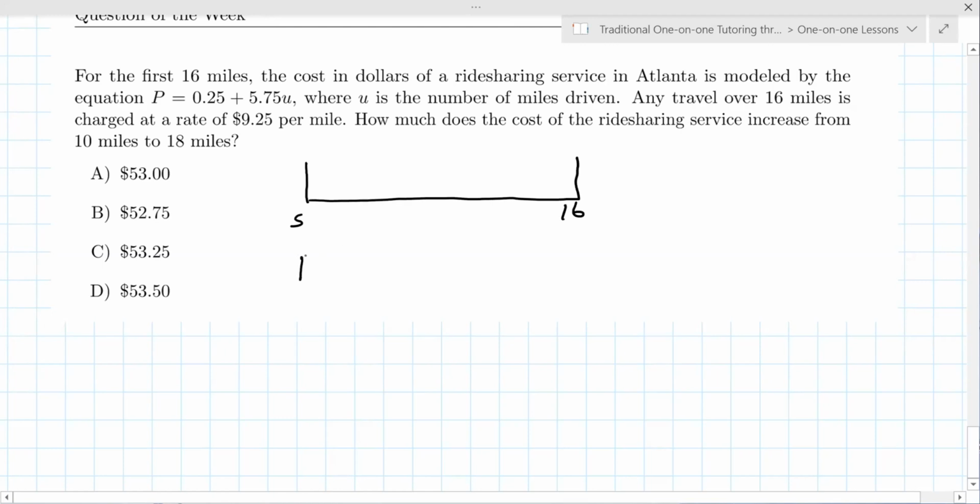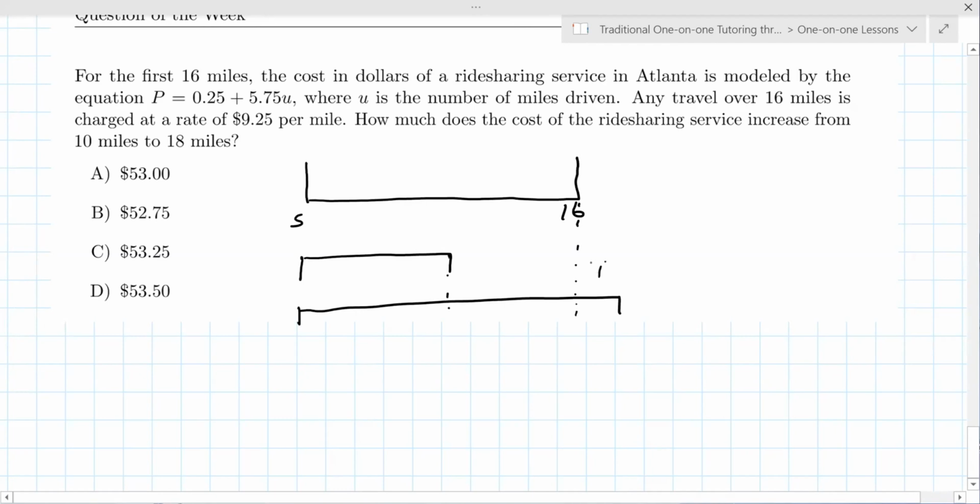One person goes 10 miles and the other goes 18. What we really care about is the difference. We don't actually care how much they actually spent. So you really only need to calculate this region right here on the right.